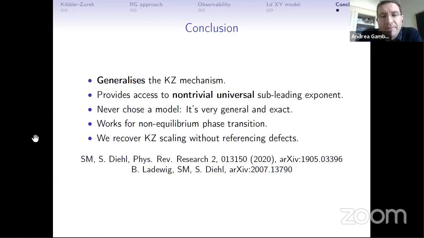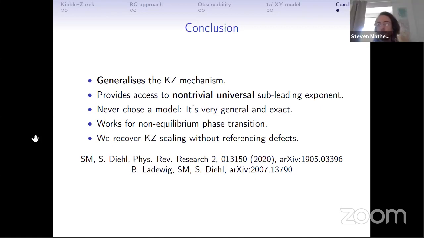Because if I remember correctly, it turns out that also after freezing, because of coarsening, you still have some remnant of universality. So it would be interesting to understand if you can push your analysis also into the region after freezing while coarsening is occurring, because it's anyhow a scaling regime.